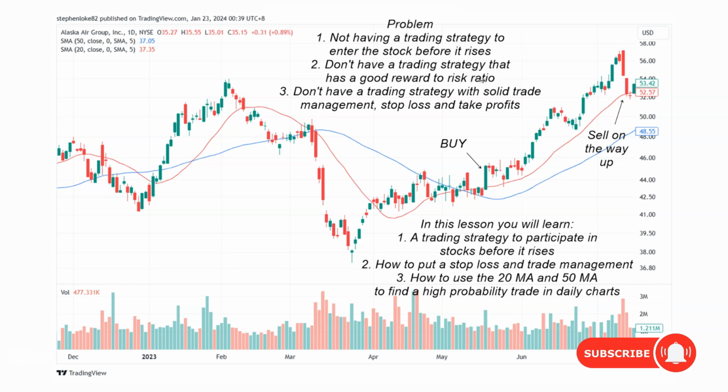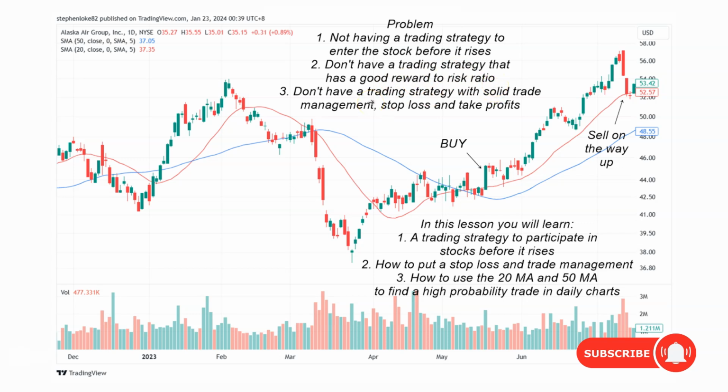But in the long run, you want to have a trading strategy that gives you at least 2, 3 and maybe even 5 reward to risk ratio. And there's a lot of problem that a lot of traders face. But there are trading strategies that could give you a good enough reward to risk ratio.